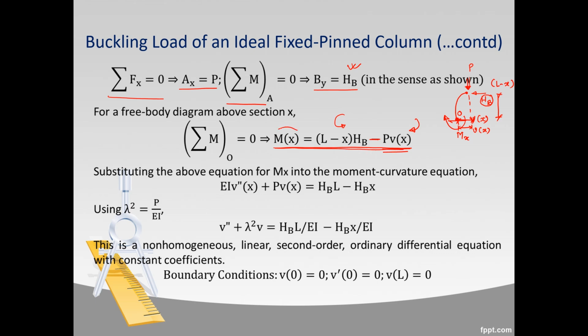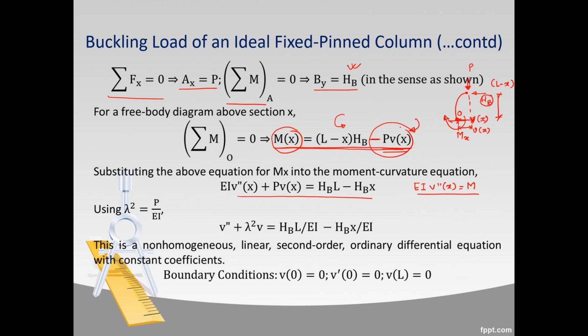We put the value of this Mx in our moment curvature equation, which we discussed is EI v double prime x equals M. If you put this into this equation and rearrange the terms, you will get this equation here. EI v double prime x plus P vx.